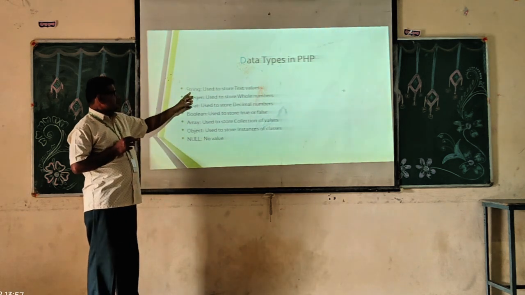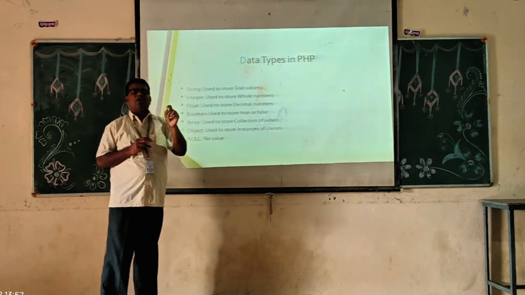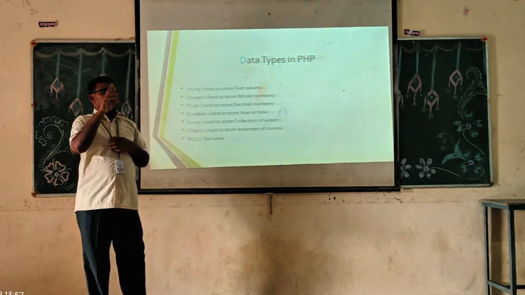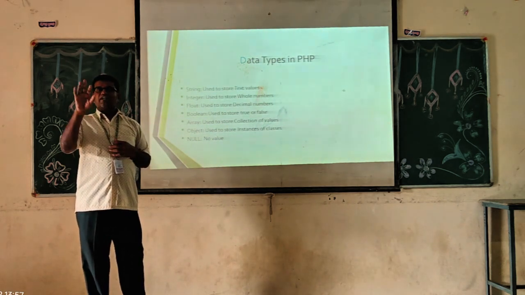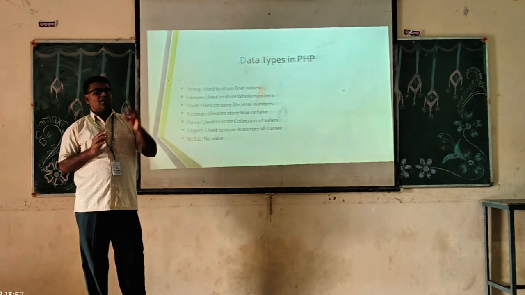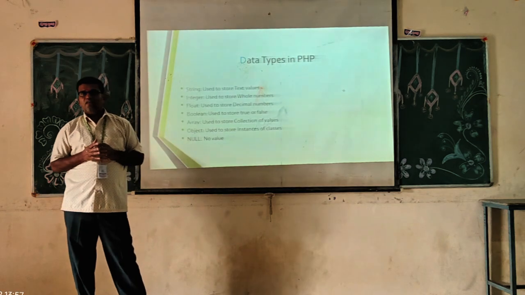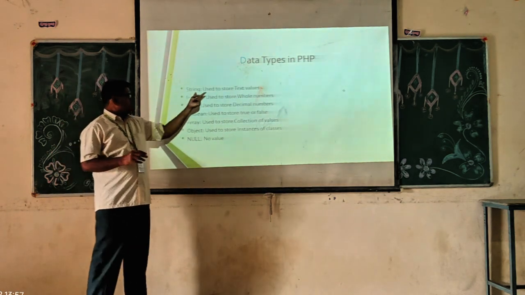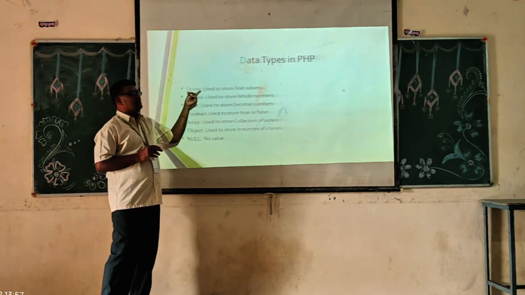String means it stores text values, that means alphabets or alphanumeric values. We write the alphanumeric values within double quotes. This is called a string. String is a sequence of characters, used to store text values. So it is the first data type.